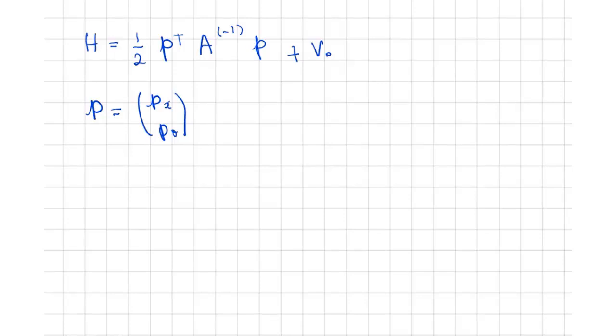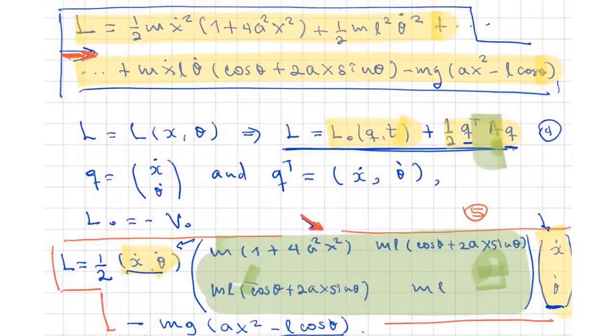Remember, we got the Lagrangian in terms of the generalized velocities and generalized positions, and possibly a function of time, depending on what kind of potential energy we have.